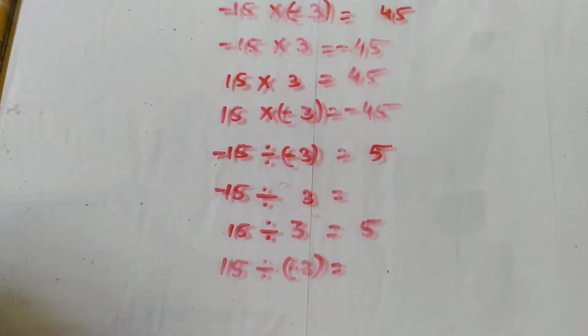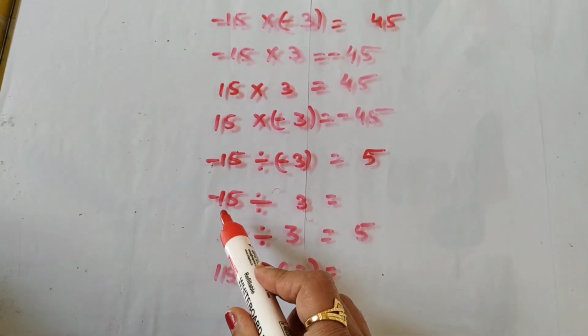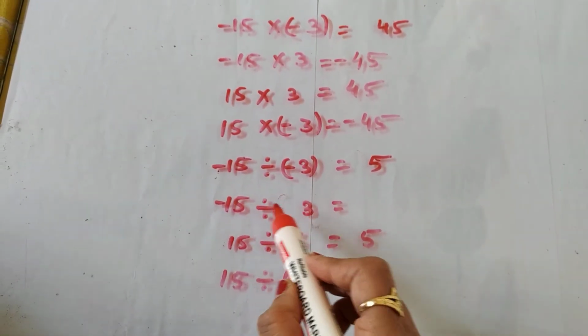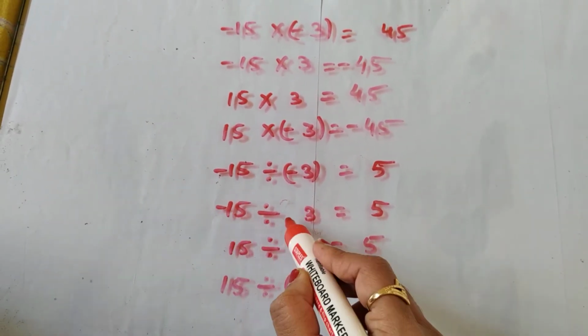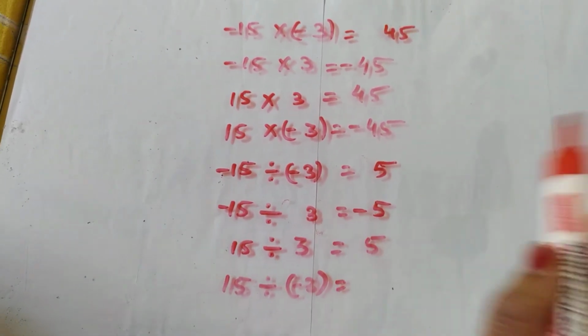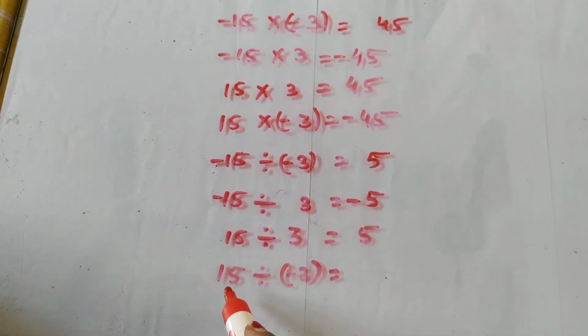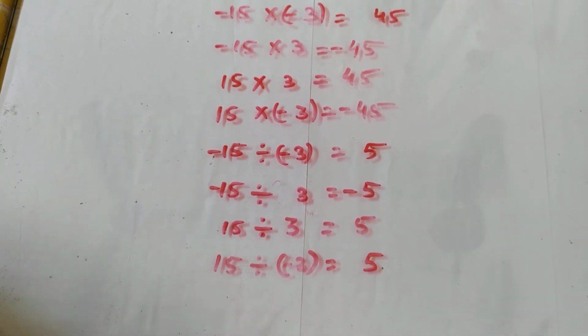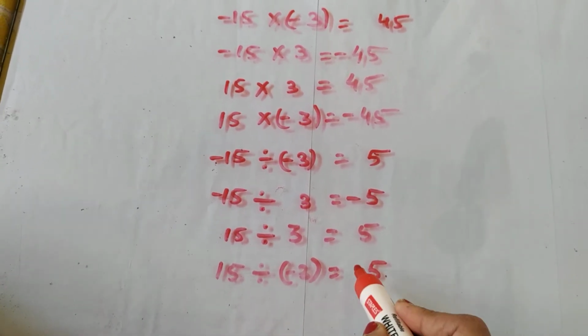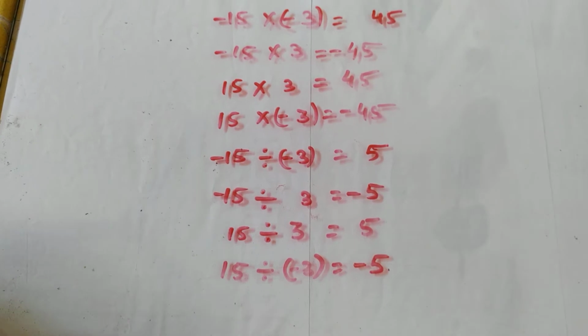Okay. Now minus 15 divided by 3. First we divide the numbers. 15 divided by 3, so we get 5. Minus divided by plus, different signs divided, so minus. 15 divided by minus 3, so 5. Plus divided by minus, two different signs, so minus.